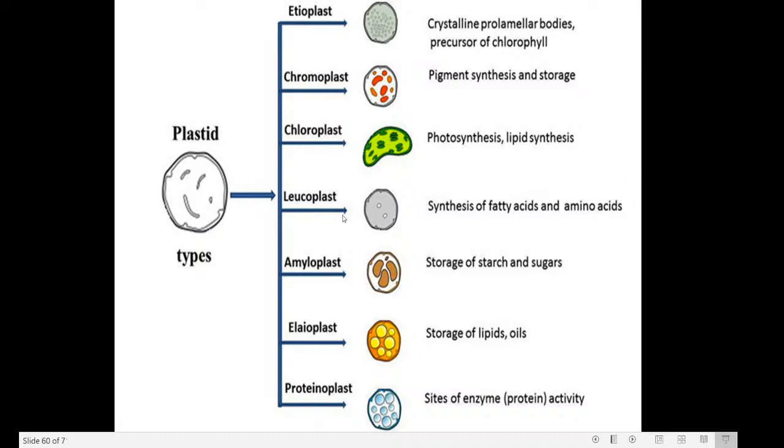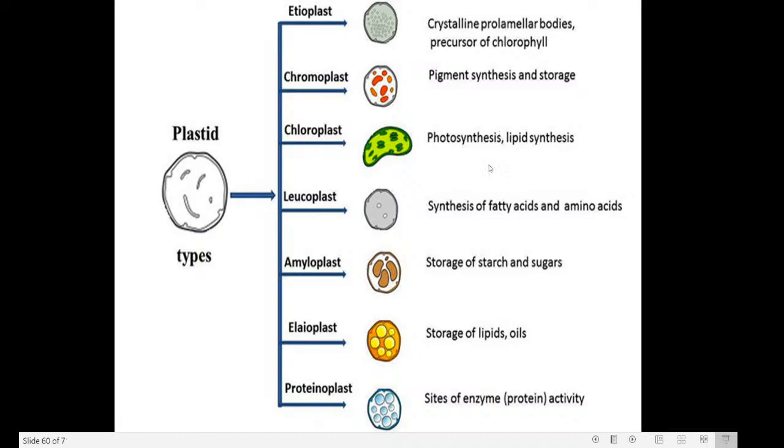Leucoplast synthesizes fatty acids and amino acids. Amyloplast is the storage of starch and sugar. Elaioplast is the storage of lipids and oils. Proteinoplast is a site of enzyme activity.